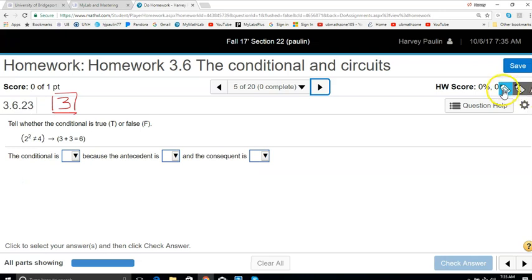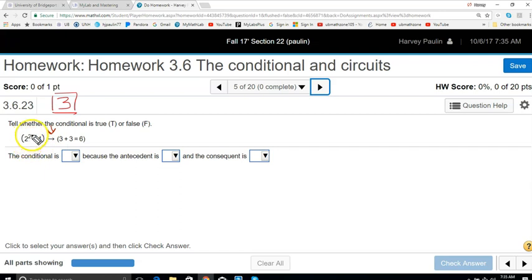Now in example 3, and again, you're putting this in your homework log, we're looking to see if these statements, because of the arrow here, this is in the conditional, are going to be true or false. So you determine the validity of this.